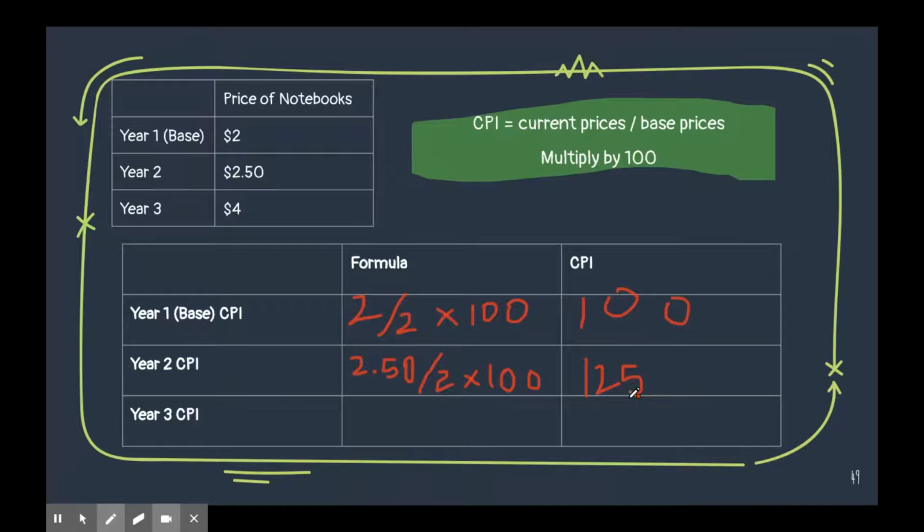Year 3, now our current price is $4. So 4 divided by 2 gives you 2, times 100 gives you 200. Here, our price index jumps significantly from year to year. We go from 100 to 125 to 200. So as the years progress, our inflation just gets higher and higher.